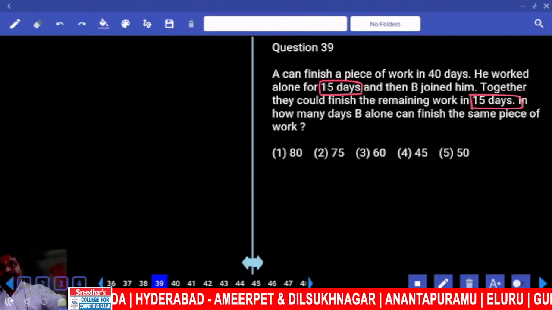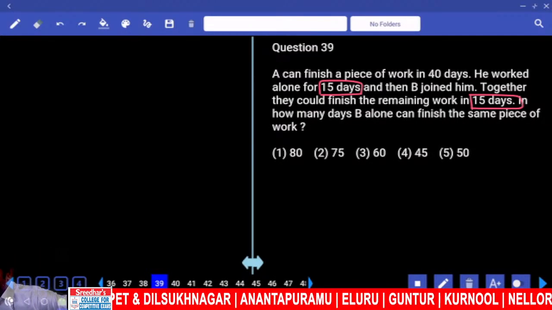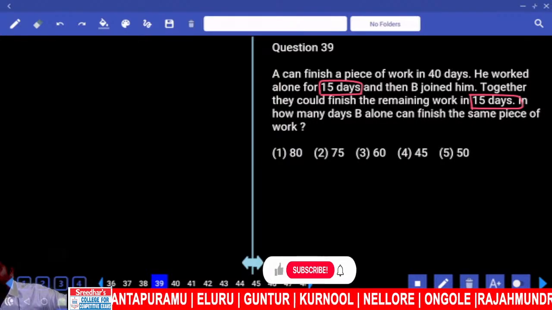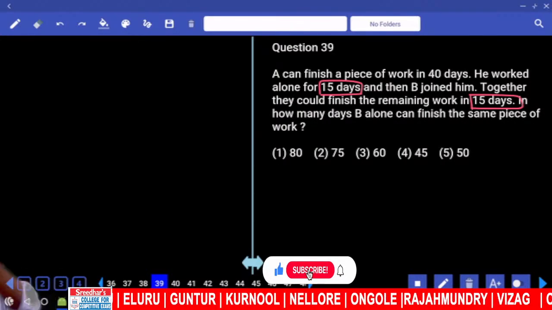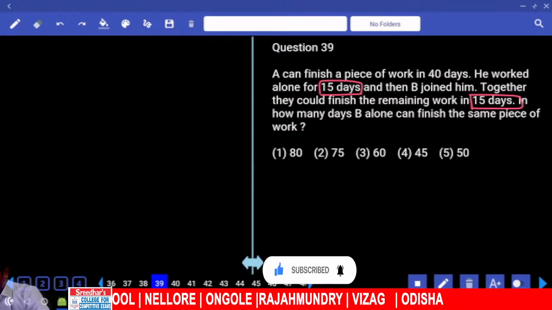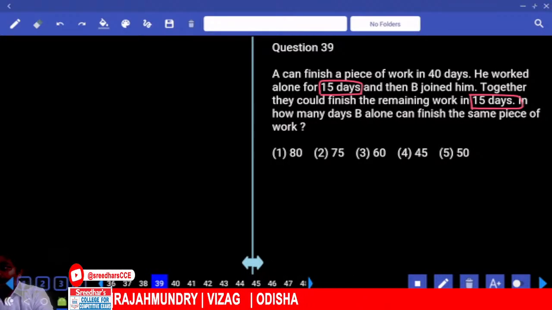So out of both cases together, A worked for how many days? 30 days. Alone worked for 15 days, along with B 15 days. Total 30 days. If he wants to complete the work, he needs to work for 10 more days. And in place of A, B worked. And B worked for how many days?